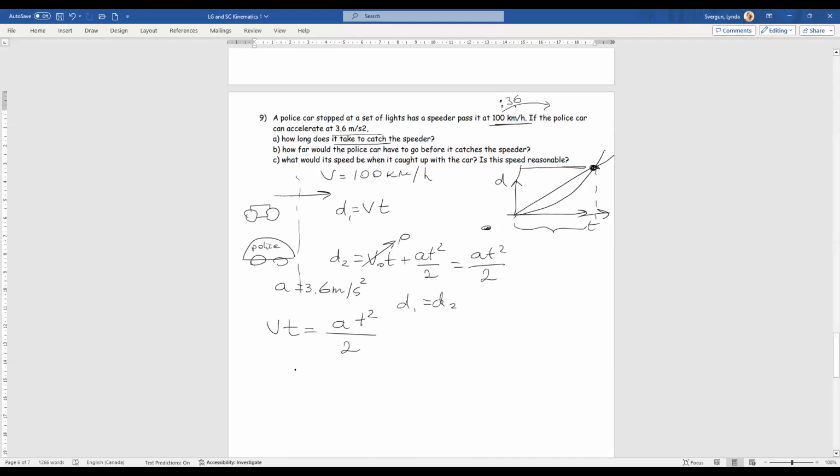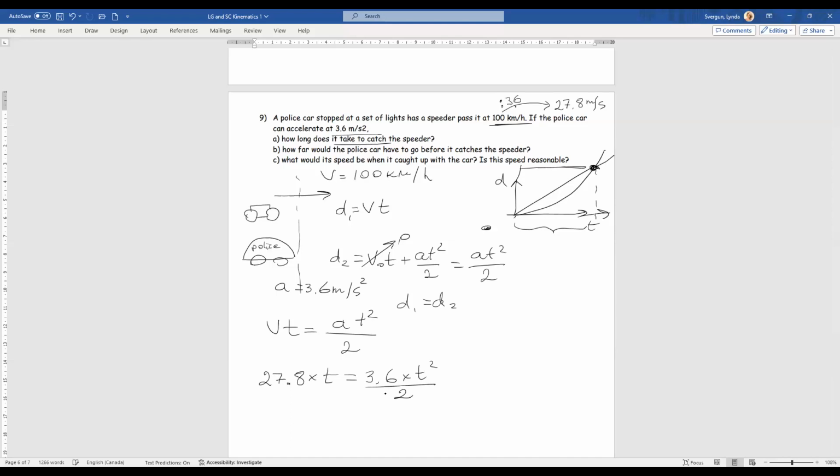I'm just checking in case I'm losing connection. Are you here, Mohammed? Yeah, I'm calculating. So 100 divided by 3.6 is 27.7, and you round the 7 to 0.8, right? So 27.8 multiplied by time equals the given acceleration 3.6 times t squared divided by 2.